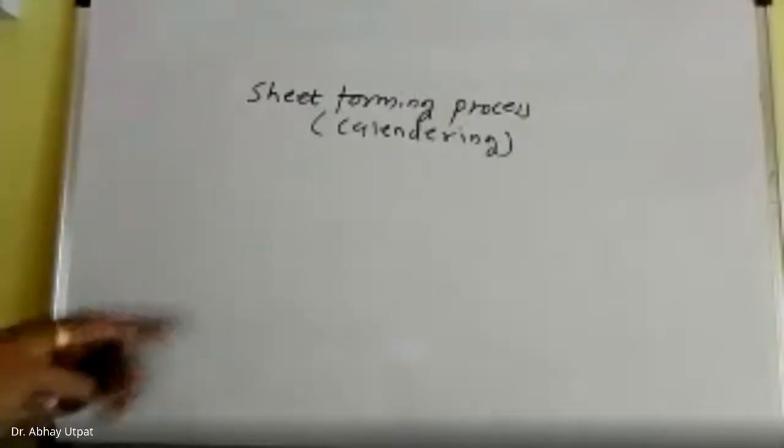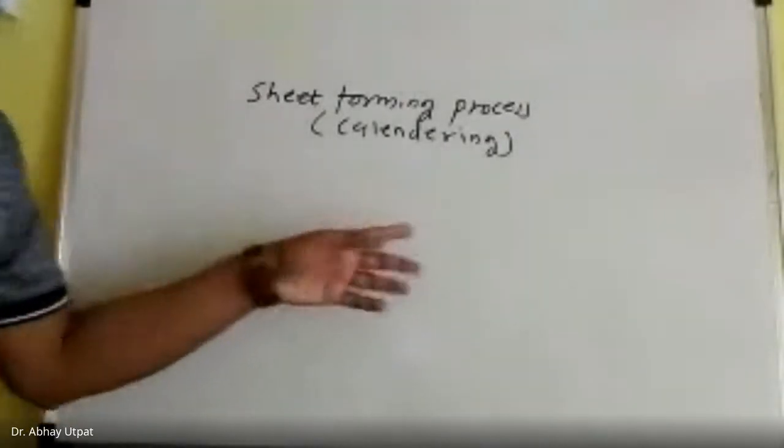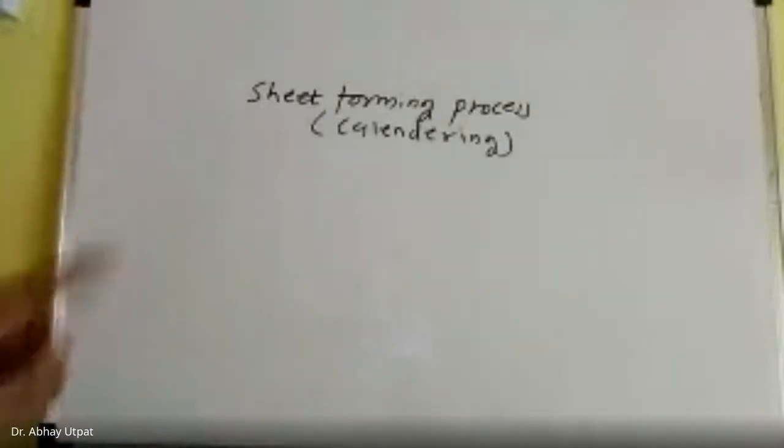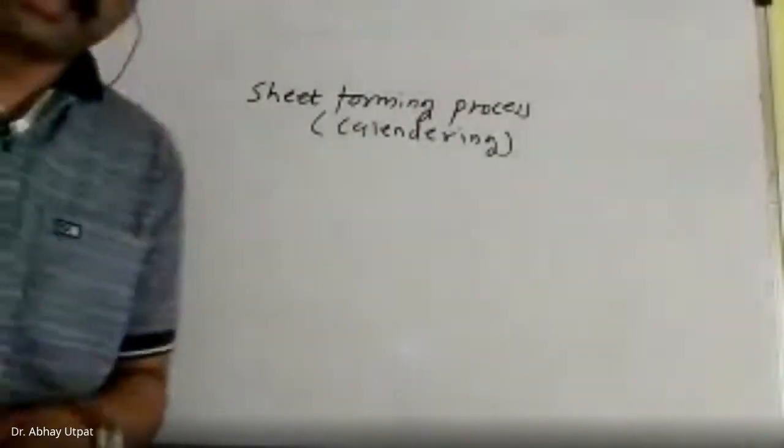Next sentence, I will draw the figure later. Next sentence is: the temperature and speed of each roll is adjusted as per the requirement.